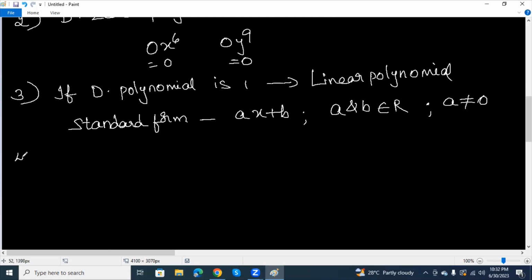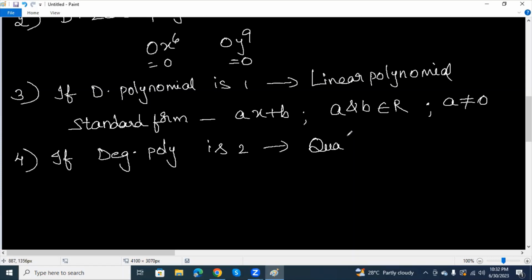Next, if the degree of the polynomial is 2, then it is called a quadratic polynomial. What is the standard form? ax square plus bx plus c.